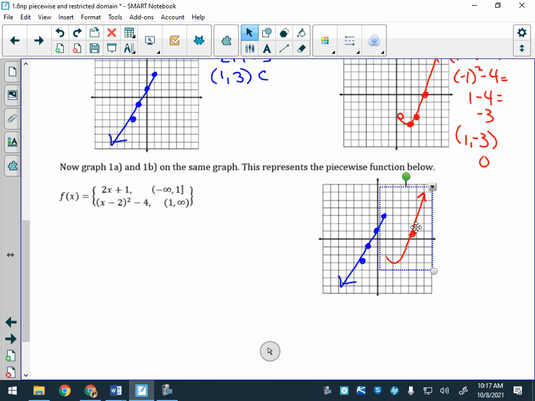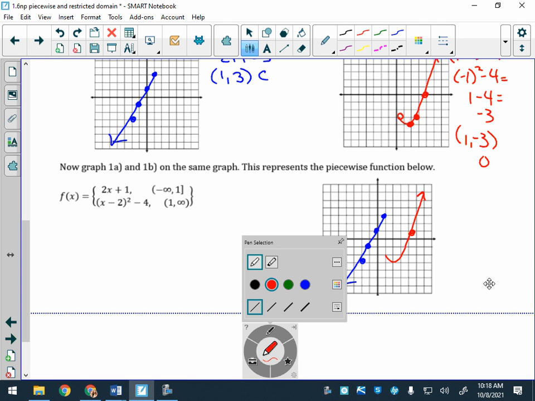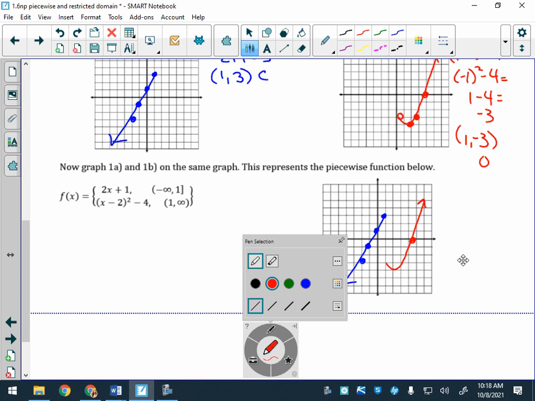Is here, and I'll just add that open circle. Oops, I have to move it down a little bit. Okay, so here is your piecewise function.